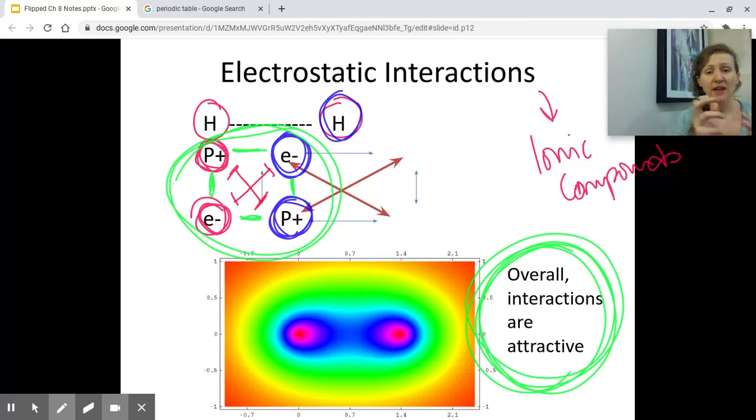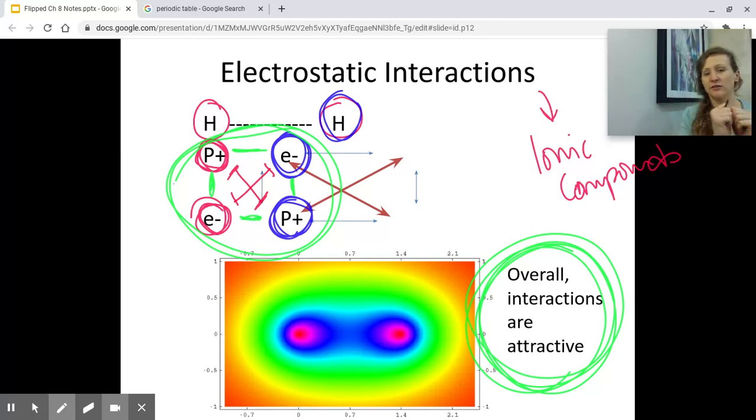And because of that, we end up with very specific ideal distances. When the repulsions can be minimized and the attractions can be maximized, then we get this perfect distance of attraction. We get this low potential energy. If you have too much repulsion, you're going to have a high potential energy system that's going to tend to break apart.